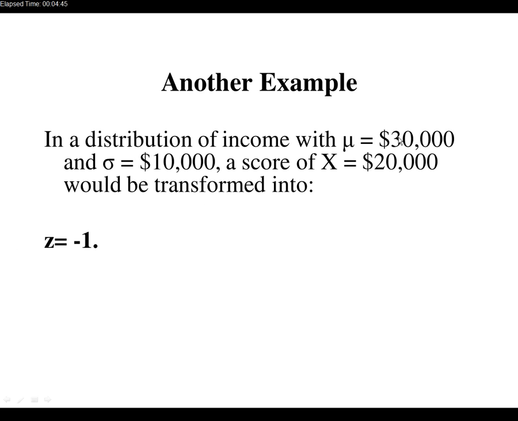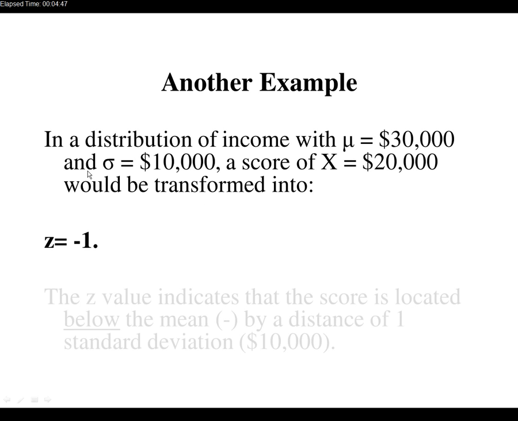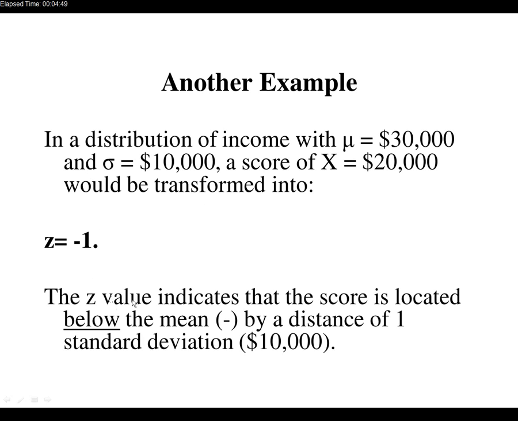Well, what's the mean? 30,000. So the z value indicates that the score is located below the mean. All right? So if I'm making 20,000 and the standard deviation is 10,000, a score of x at 20,000 means that I'm -1. I'm on the left side of the curve.